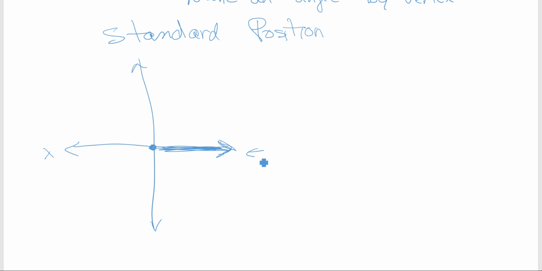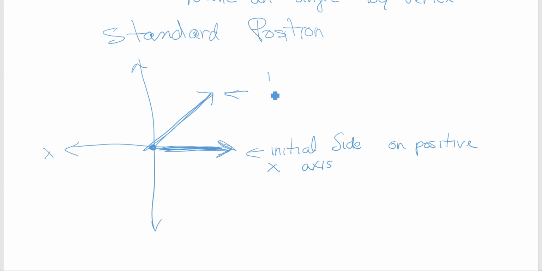That side on the positive x-axis is called the initial side. The initial side is on the positive x-axis. And then the other side, that could be anywhere in the plane, is called the terminal side.